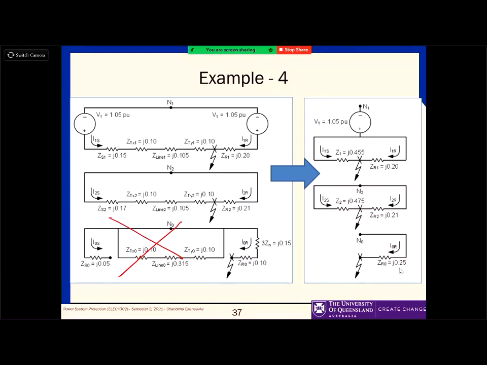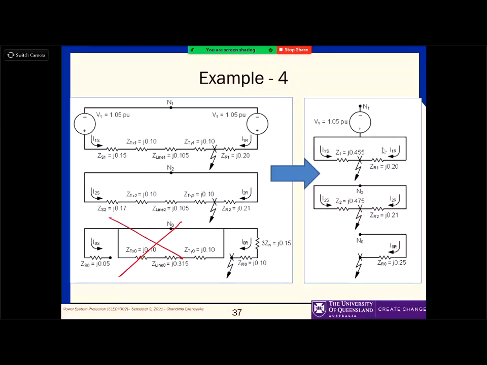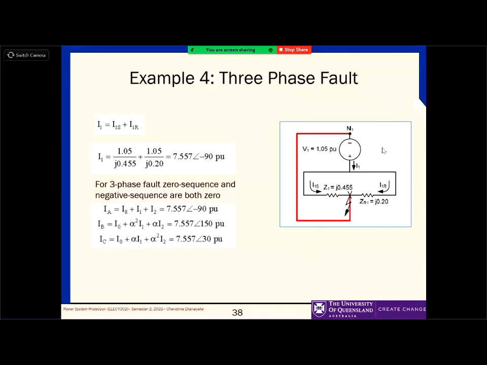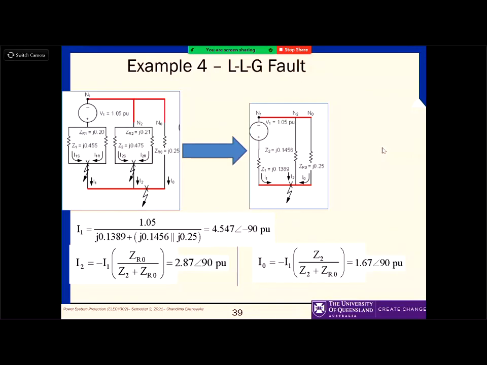See, J.25. Once you have these three, then it is easy. Line to ground, connect them in series; line to line, connect them in parallel; and if it is only 3-phase, then only consider the positive sequence. Okay, that is what it is here, line to ground fault.